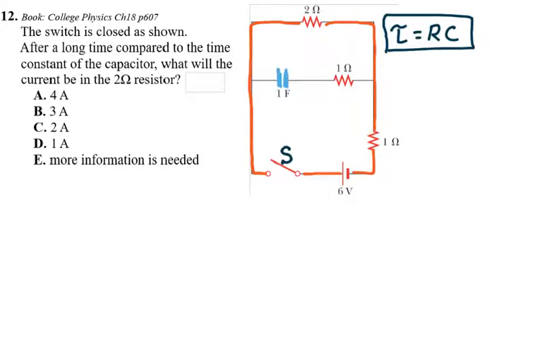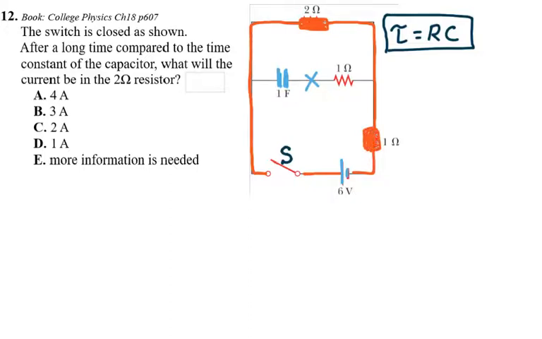The capacitor is fully charged and there is no potential difference between the battery and the capacitor plates, so the current cannot go this way. So what you have is just a circuit with 2 resistors: one of 2 ohm and another of 1 ohm.